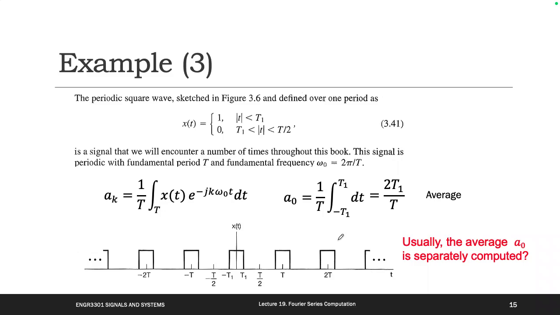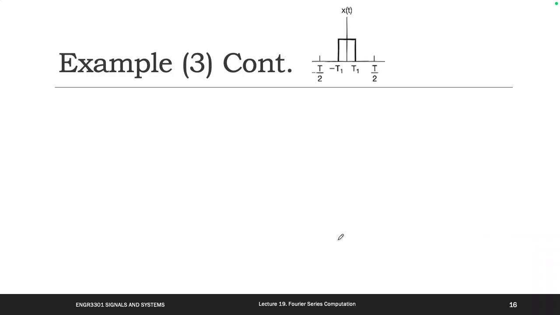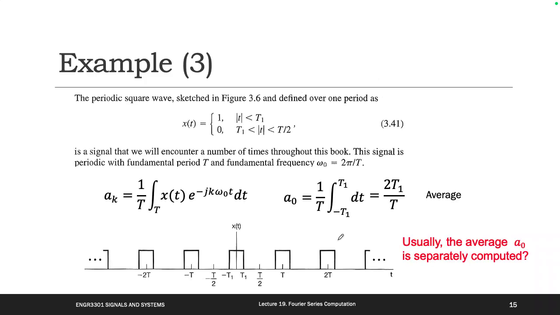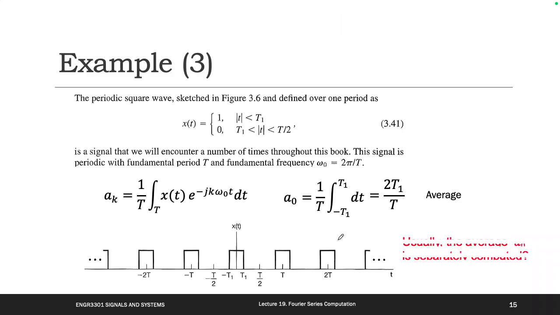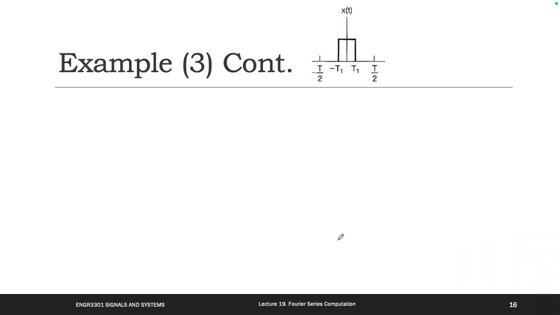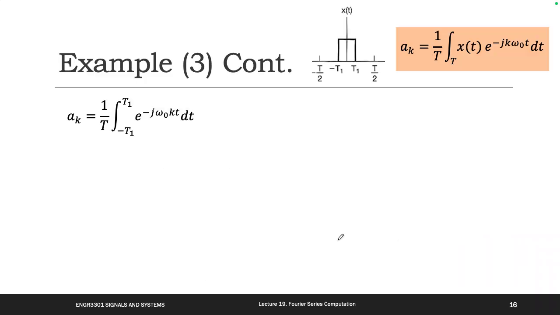And then let's continue to talk about this one. Actually, we know this AK equals this part, because for now we just calculated the A naught. Am I right? And we need to find the AK. For the A naught, do you have any questions? No? Okay. And for the AK, we have this equation.